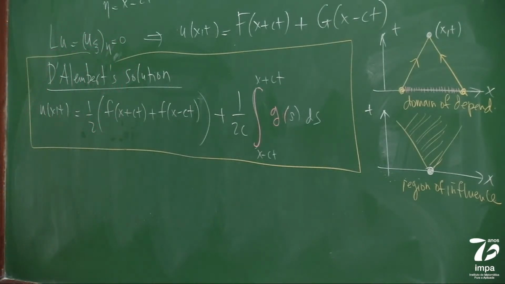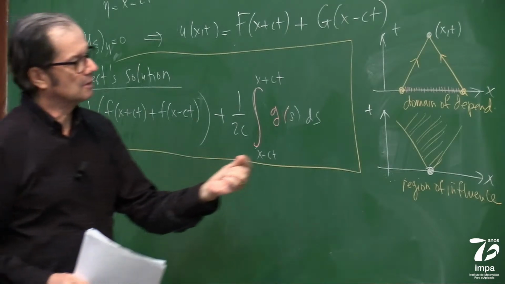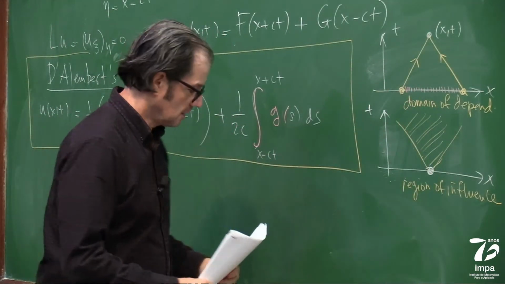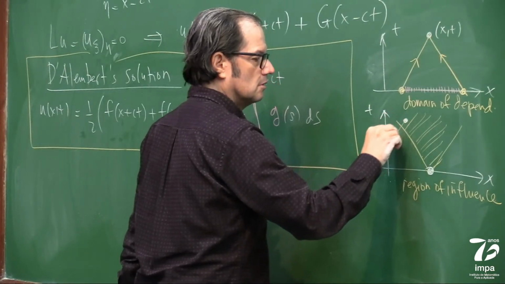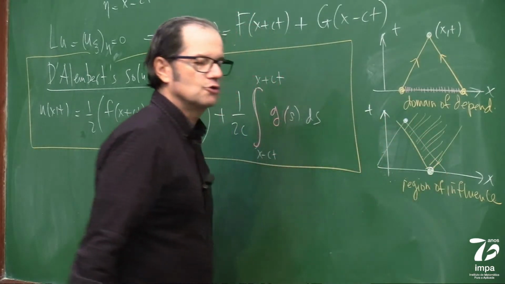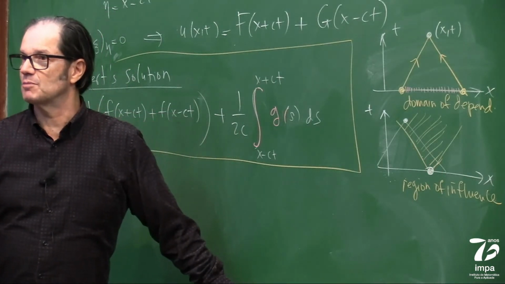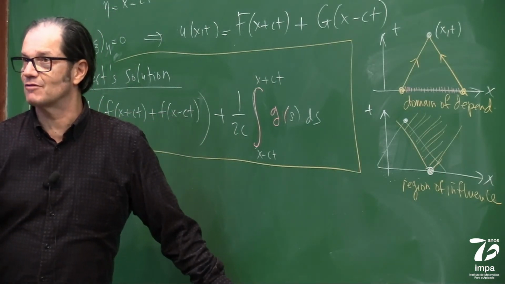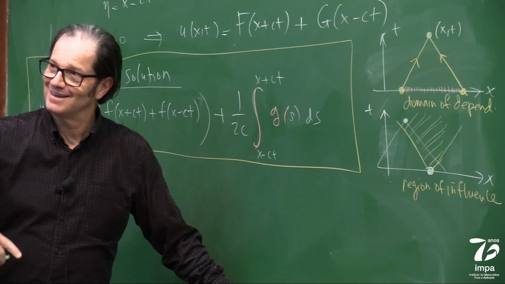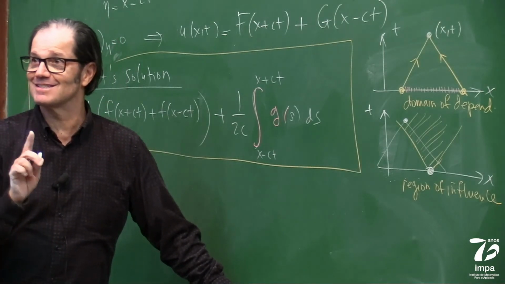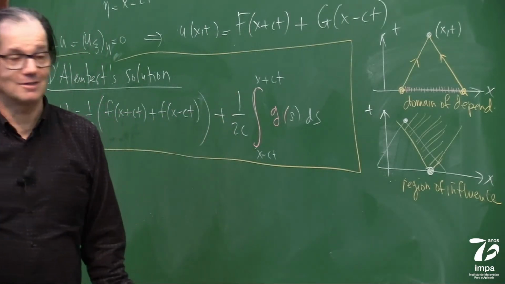We see this very simply from the formula. So this point will affect, and how do we see this? Because you get any point here, you check the domain of dependence, and that point is inside the domain of dependence. Then the region of influence is this sort of cone.